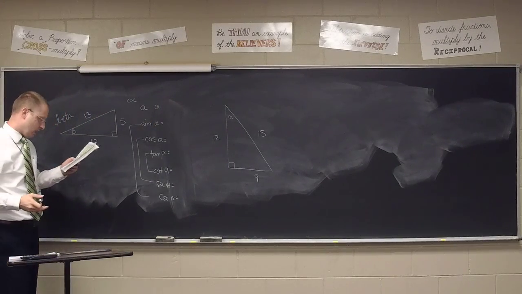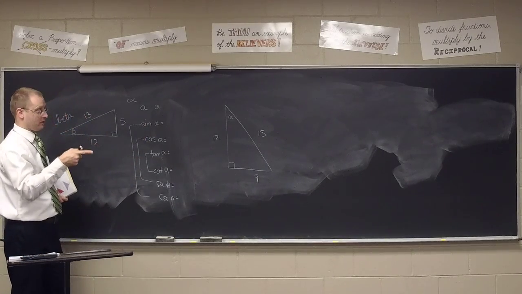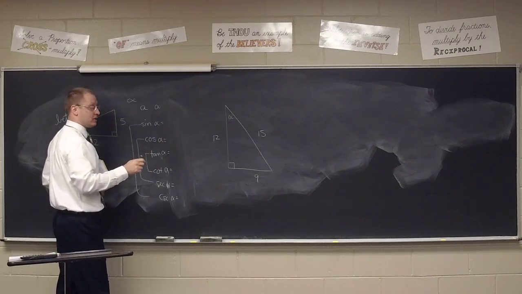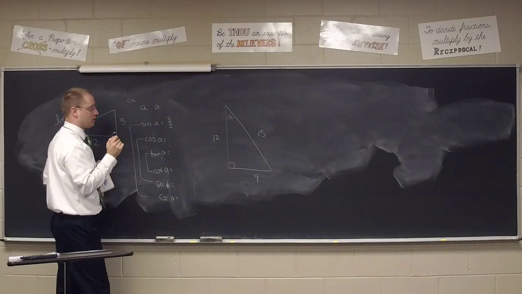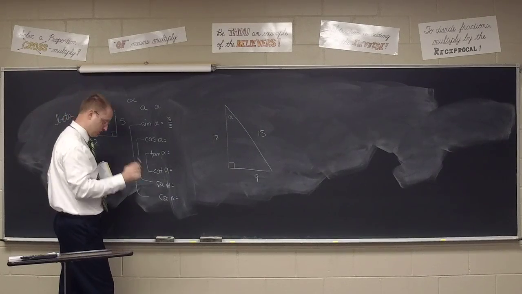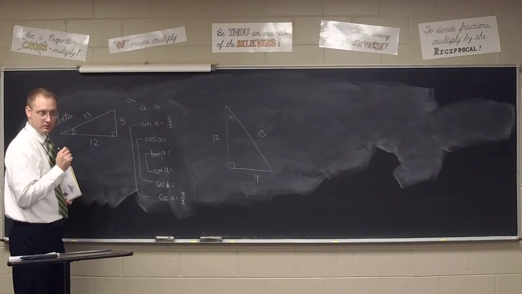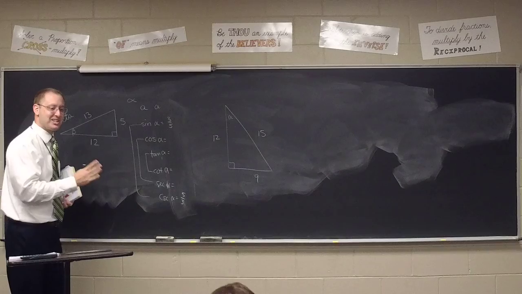But anyway, for the sine of alpha, sine's what over what, class? Opposite over hypotenuse, which would be 9 to 15, but we'll reduce it to 3 to 5. Once we've got sine, come get cosecant, its reciprocal. Cosine's what over what? Adjacent over hypotenuse. SOHCAHTOA.